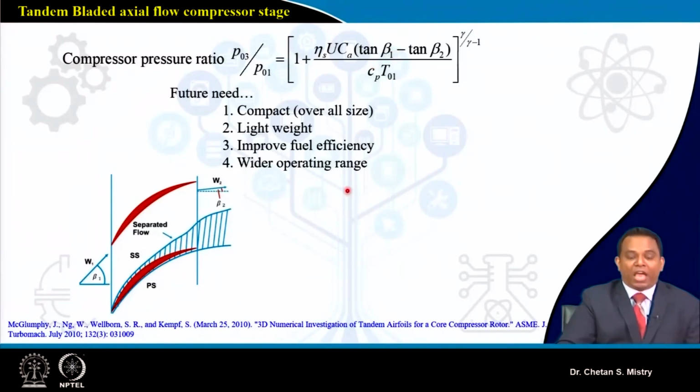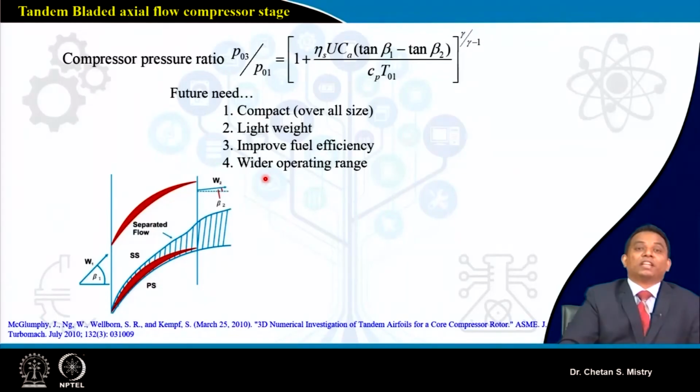Because these days we have a trend of compact engines, which means the overall length needs to be low. We are looking for lightweight engines, improvement in fuel economy, and a wider operating range. Let me tell you again and again, the axial flow compressor application to aero engines has these specific requirements. When I am talking about application to land-based power plants, they have some relaxation in these aspects.